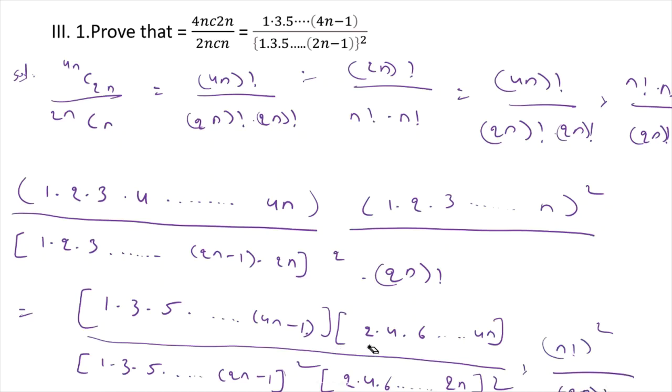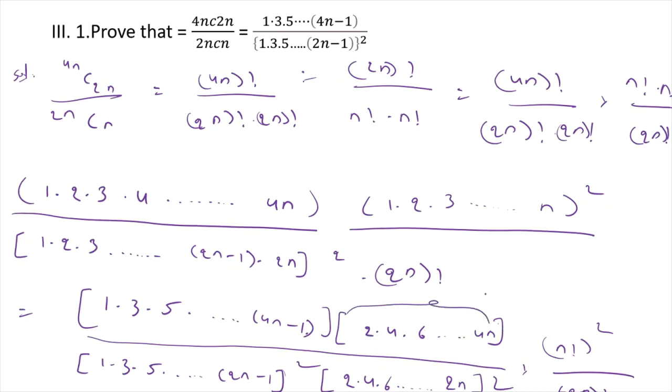Now here we have 2 times 4 times 6 so on up to 4n. How many odd terms and how many even terms are there? The number of odd terms is going to be 2n and the number of even terms is going to be 2n. These are my 2n even terms.